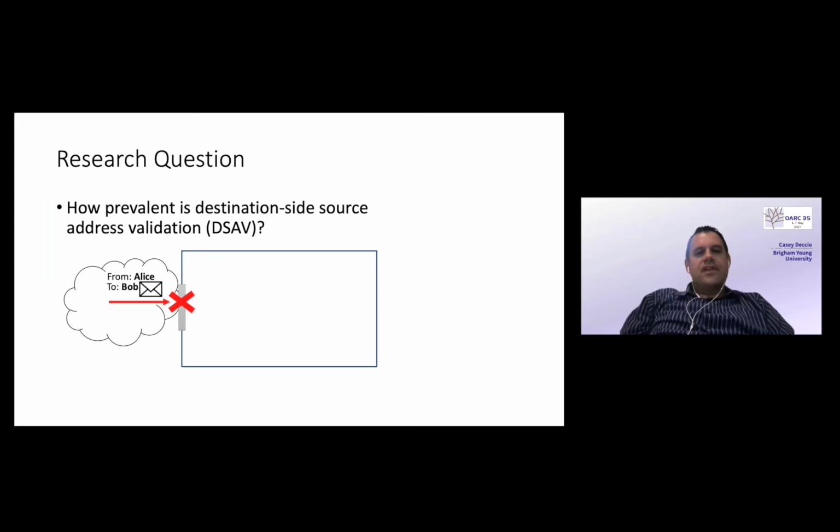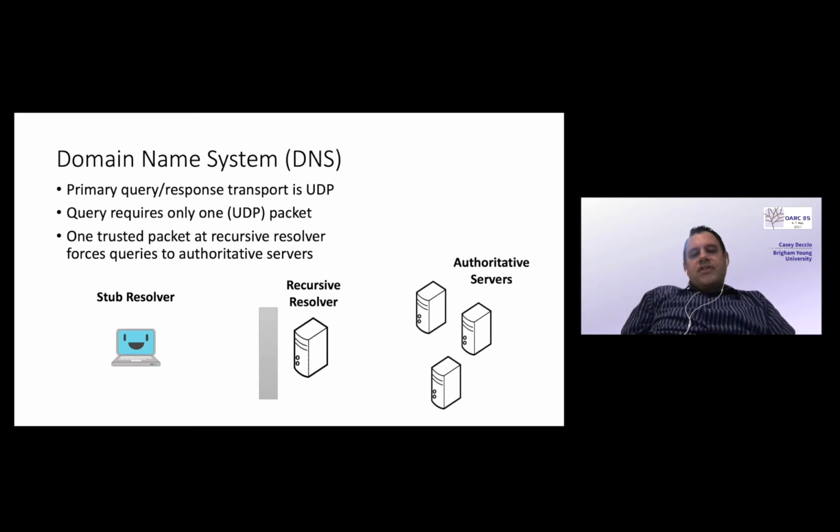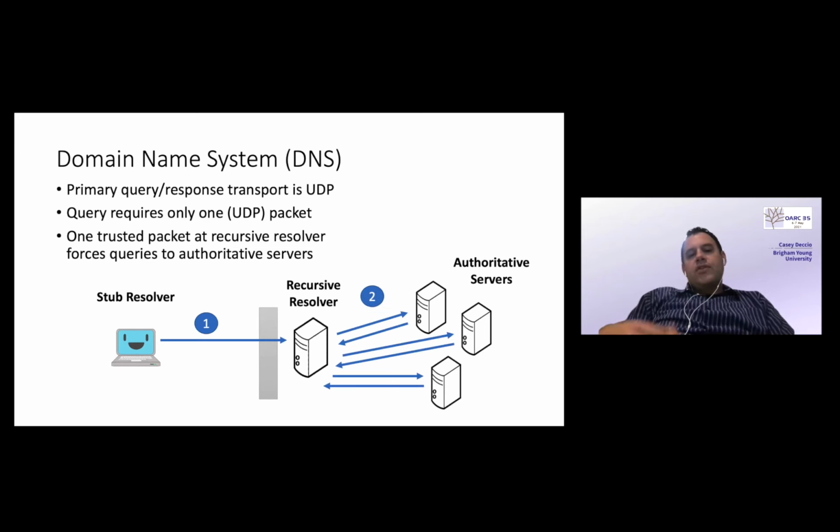So our research question is, how prevalent is the practice of destination side source address validation? Of course, the way the DNS works really facilitates an experiment like this to better understand what safeguards are being deployed, because it operates over UDP, and it really just takes a single packet being received by a recursive resolver for it to go and do its work in terms of resolution by contacting authoritative servers.